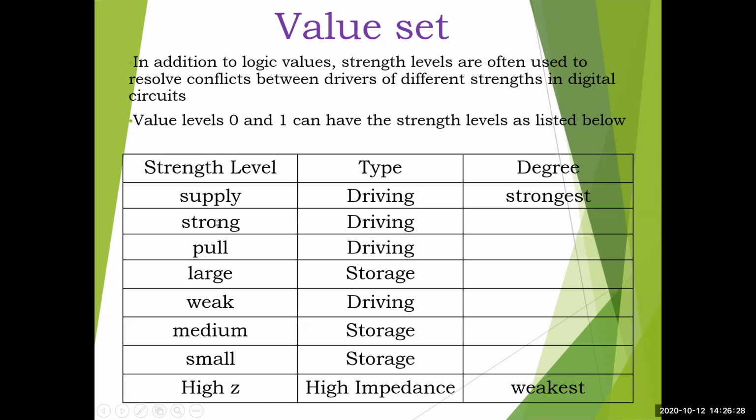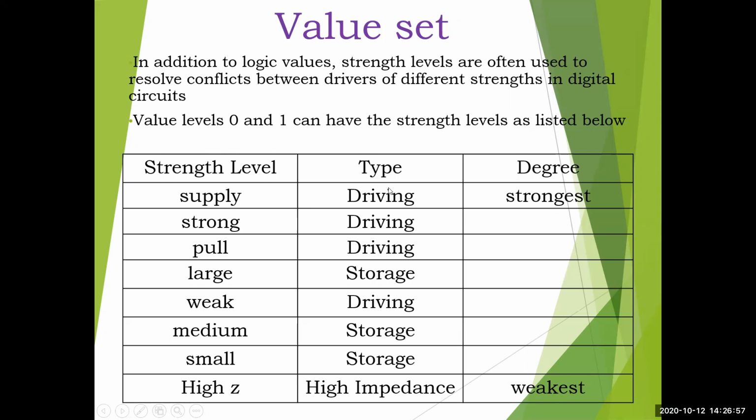Then we have strong, denoted as ST, so you'll be seeing this in simulators. By default it takes these values: pull, large, weak, medium, small, and high impedance. Out of these, large, medium, and small are used as storage type, high Z is high impedance type, and the remaining are driving type. The high impedance has the weakest strength level.